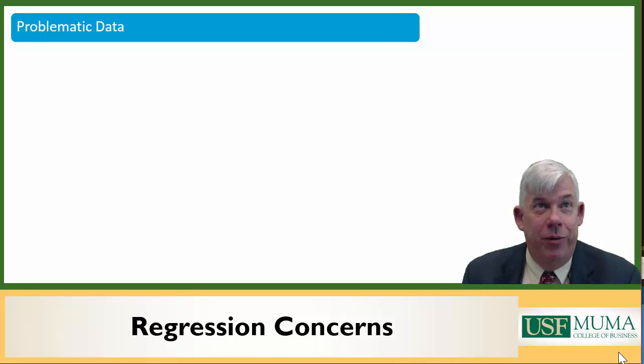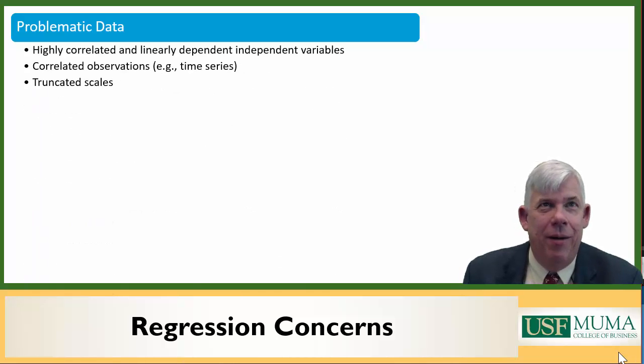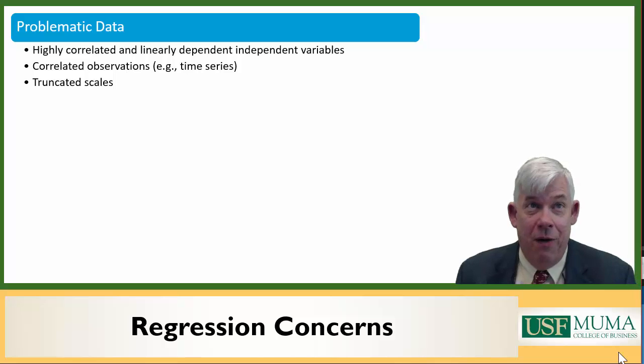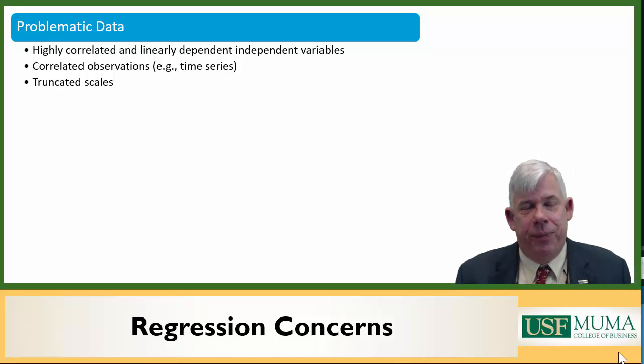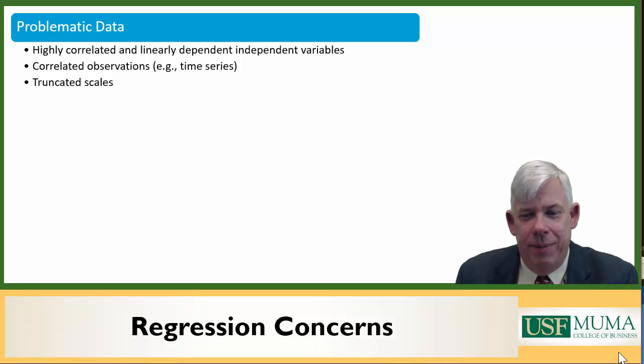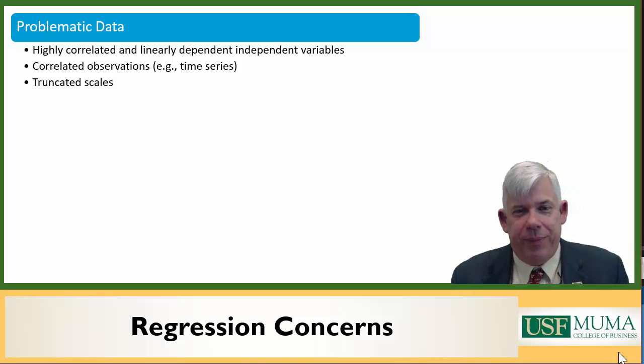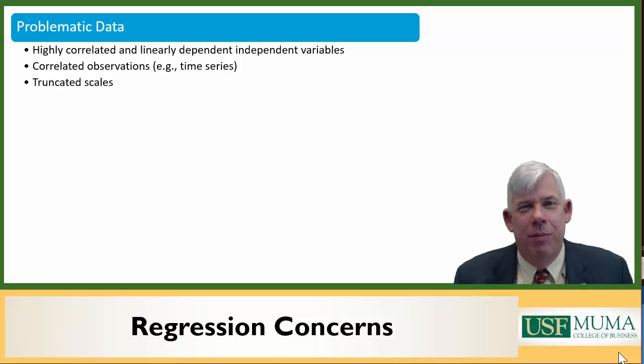First off, you can have problems with your data. We certainly saw that. You might have correlated variables, correlated observations, time series data. We create a variable, say, a year and month or something like that. If there is a trend, that model is going to be a very good predictor.